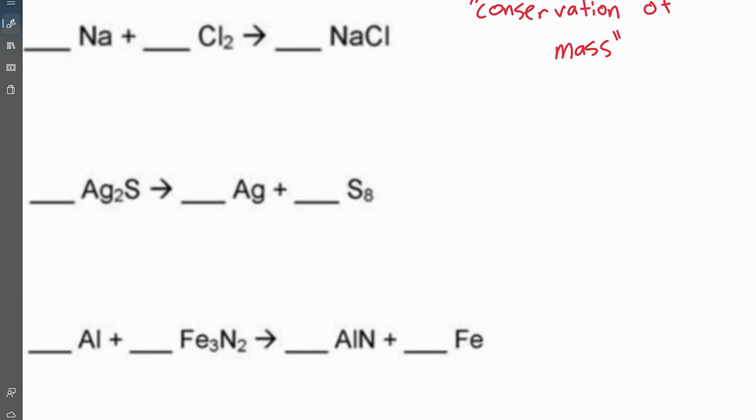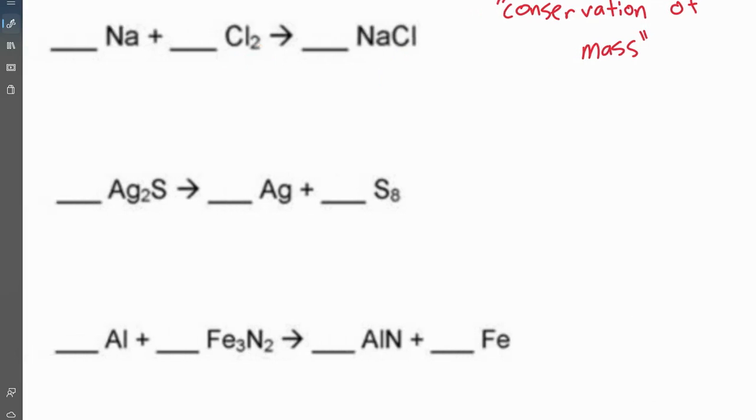If we have two chlorine atoms, right, that little 2, then we have to have two chlorine atoms to end. That's how we can tell, looking at this reaction, it is not balanced right now, because we have two chlorine atoms to start with, but we only have one chlorine atom to end with. That is an unbalanced reaction. That means we have to balance this reaction.